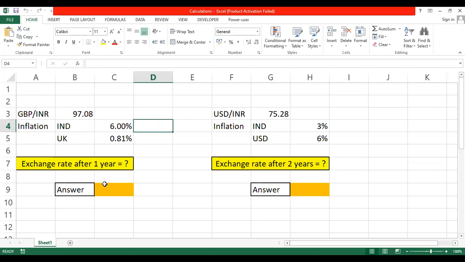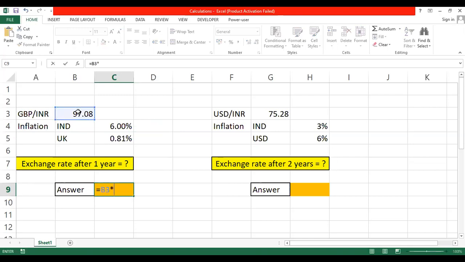So here let us try to find out what the exchange rate for GBP/INR would be after 1 year. What we are essentially doing here is taking the current rate and multiplying it with the inflation that each country would have, and we're getting the answer.